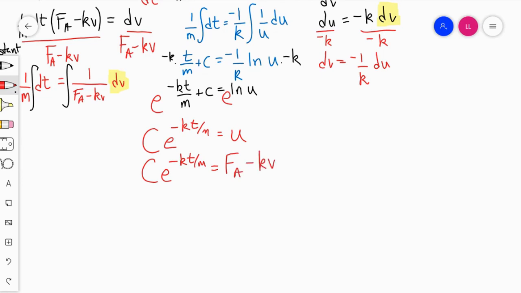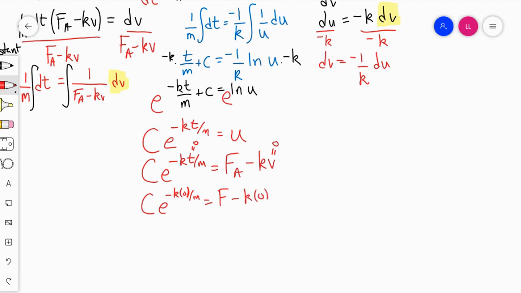And what we need to do here is figure out what C is, right? It tells us when t equals 0, V equals 0, right? And so it's going to be C e to the negative k times 0 divided by m equals FA minus k times 0, right?